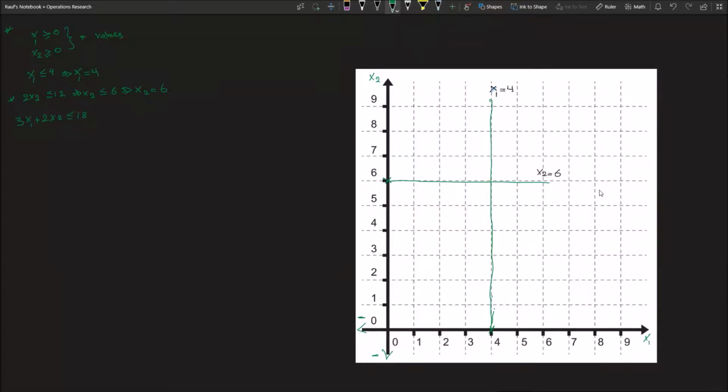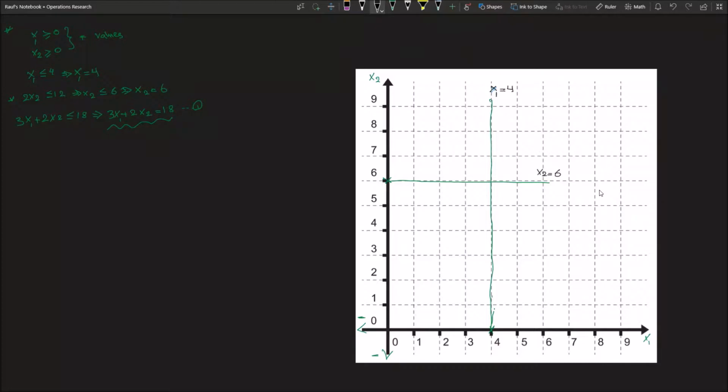Then you have this formula in here. It's a little bit more complicated than the other ones. So you have a linear equation: 3x1 plus 2x2 equals 18 as an equation, right? As we learned in math, just apply the basic concepts to draw that linear equation, finding your slope.